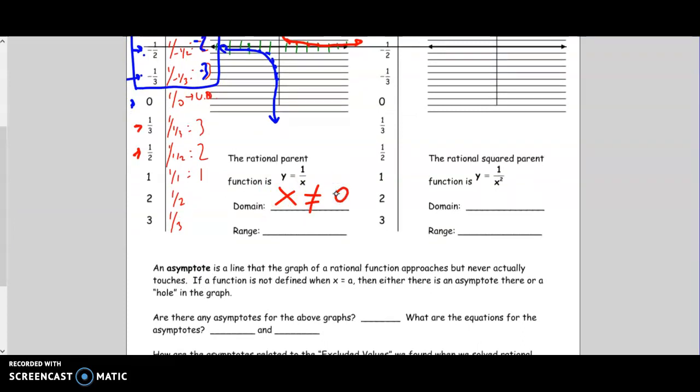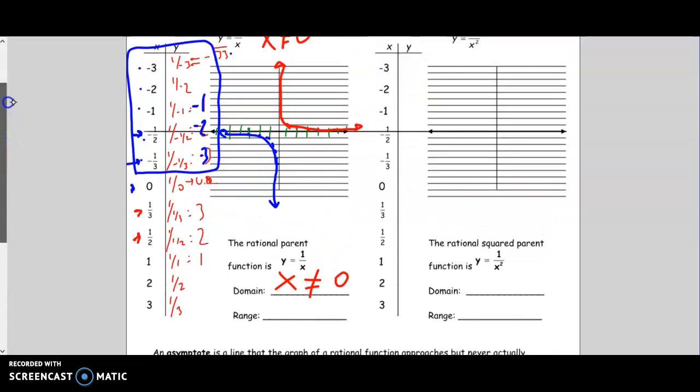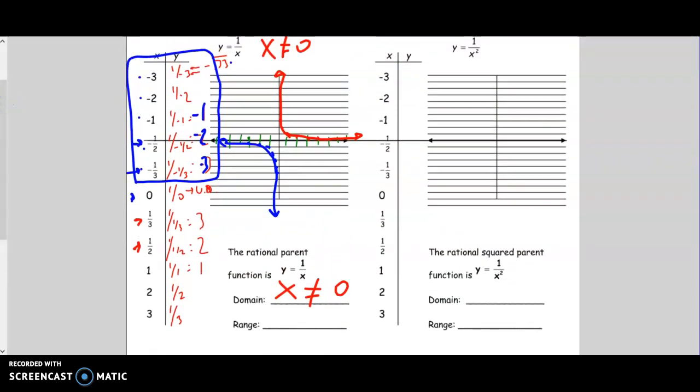My range is kind of interesting. So my range, bottom to the top, right? We start here at negative infinity, all these negative values. It'll never hit 0 though, along this branch. You get 0.5, 0.33, 0.25. It gets smaller and smaller, but never hitting 0, as far as the y coordinate is concerned.